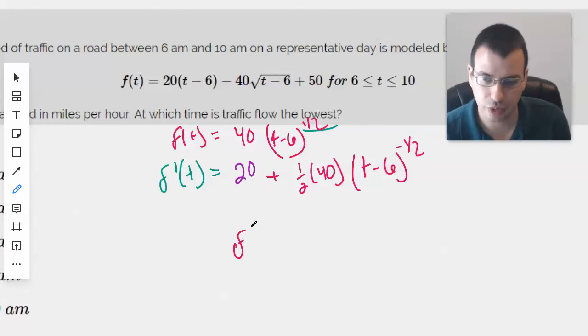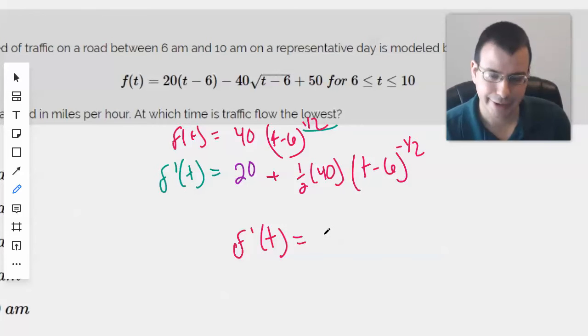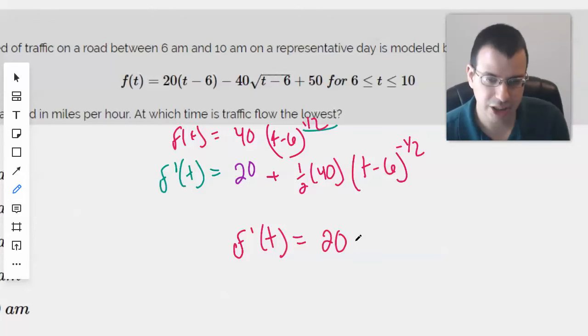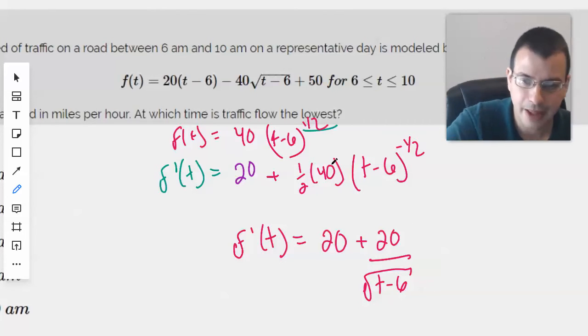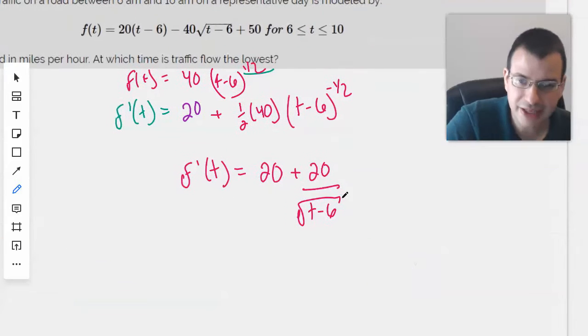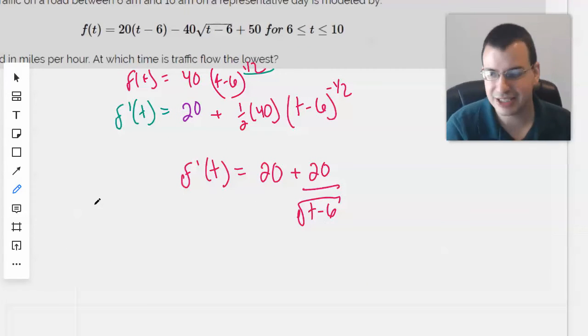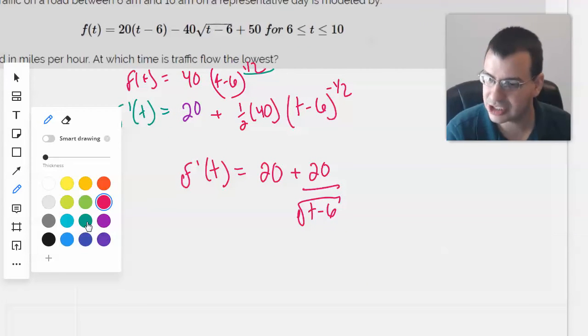So I'm going to rewrite this: 20 plus 20 over the square root of t minus 6. And this is the derivative. We want to set this equal to 0 and solve.